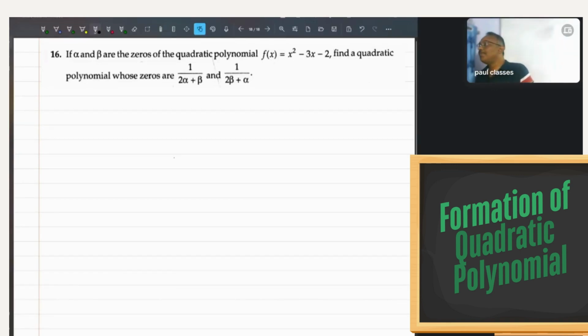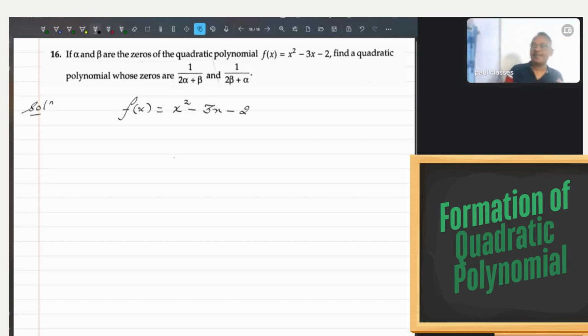Alpha and beta are the zeros of the quadratic polynomial f(x) = x square minus 3x minus 2. Before I read any further question, first, what is a, the coefficient of x square?